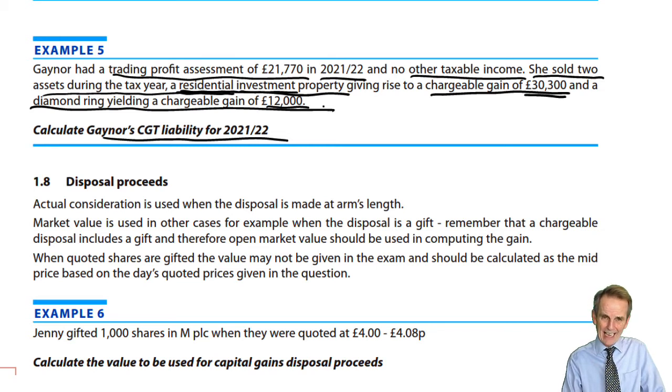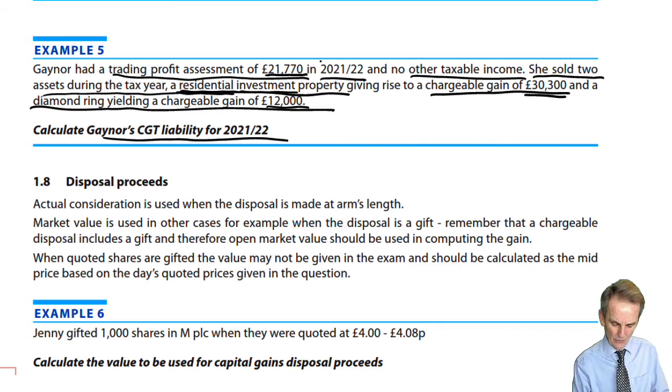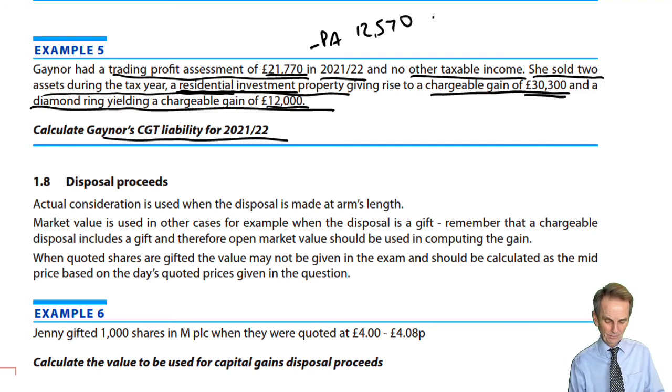Now, that is just another asset. So it's the lower CGT rates that apply. So if we have a situation where, as we will here, we have trading profit of 21,770, no other taxable income, so that will be minus the personal allowance of 12,570 there.